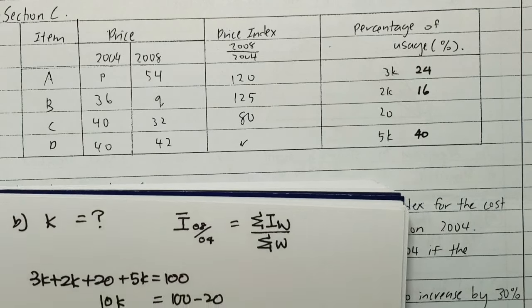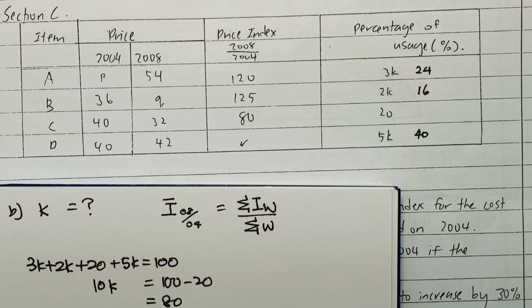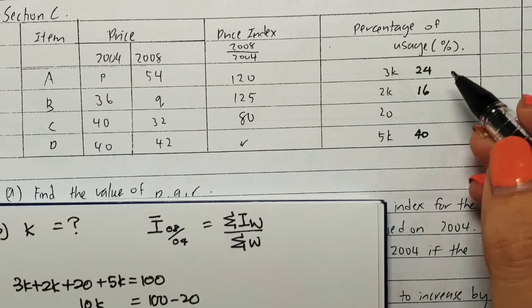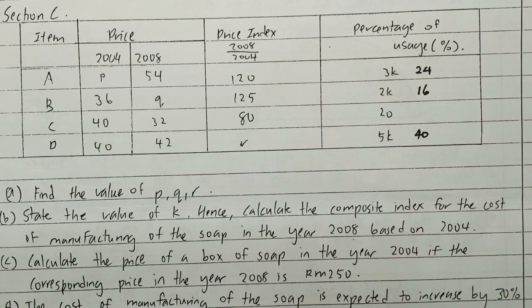Now for weightage, it's just a relative usage or amount that we use. So for this one, we can actually simplify it further so that we can deal with smaller numbers.